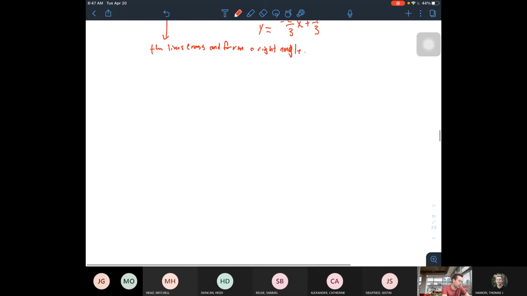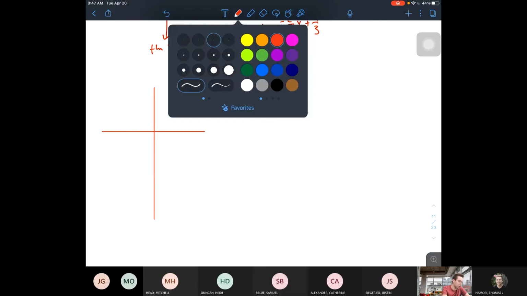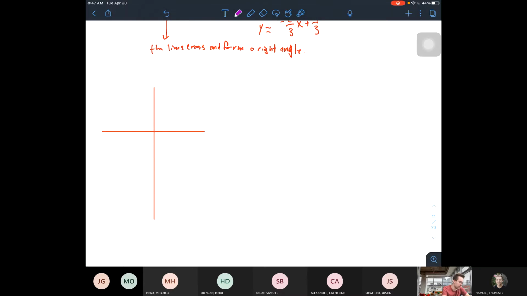Visually, what does this look like? If we have a coordinate plane, line number 1 here maybe looks like this, and line number 2 is exactly perpendicular, forming a right angle at the point where they cross.